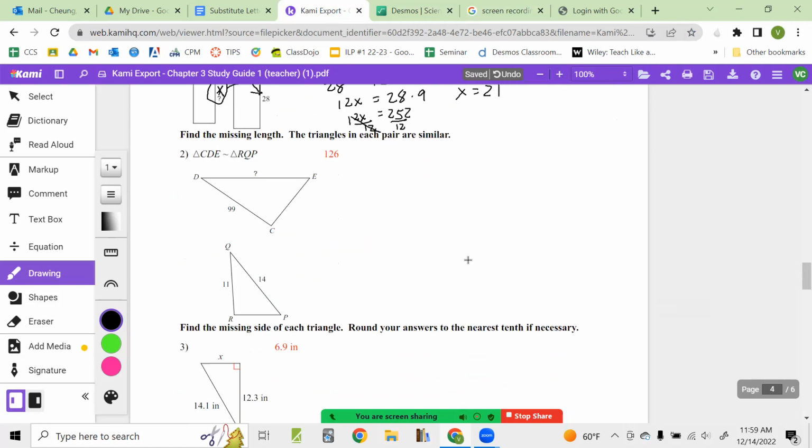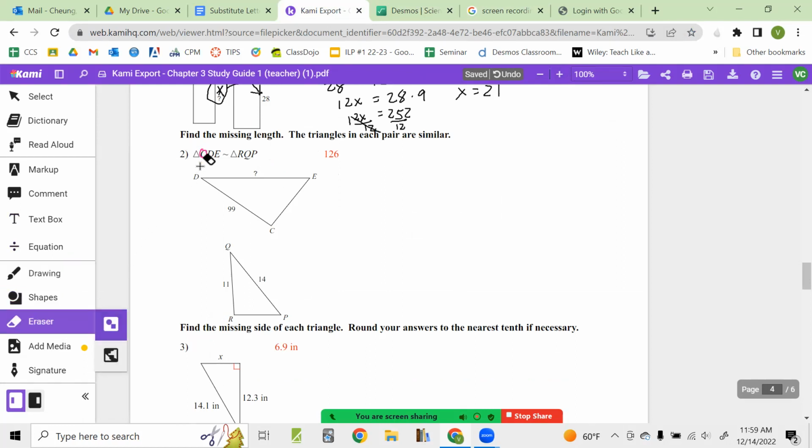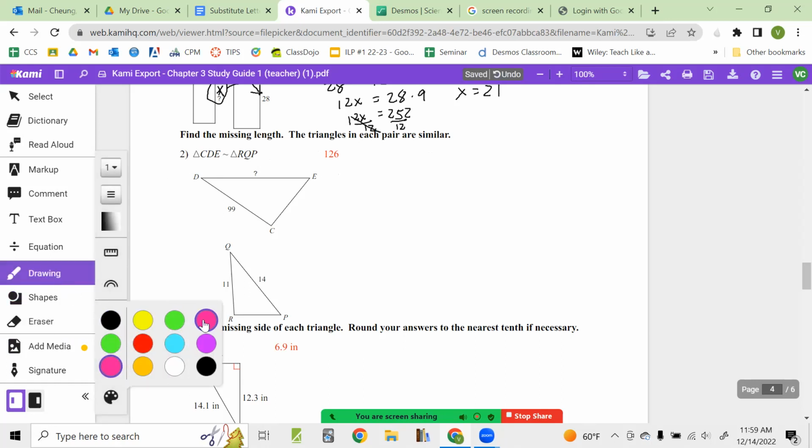Let's look at number 2. Okay, so why don't I take a look at the C? Our first letter is C. Doesn't look good. Is there a highlighter? It's all right. I'll just underline it. So this C and the R correspond.